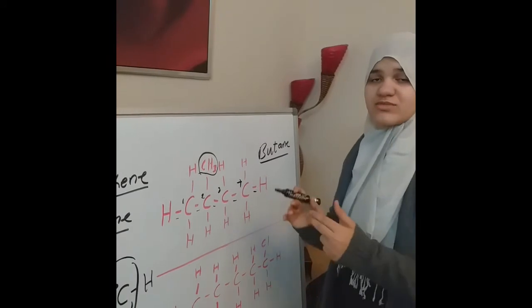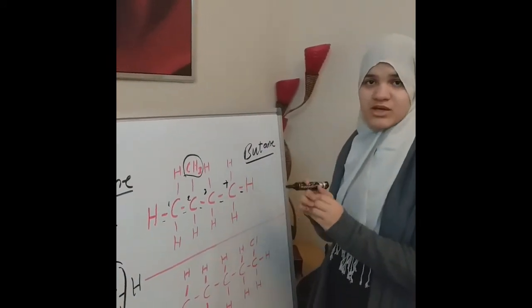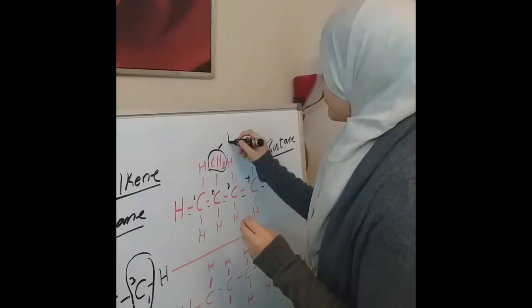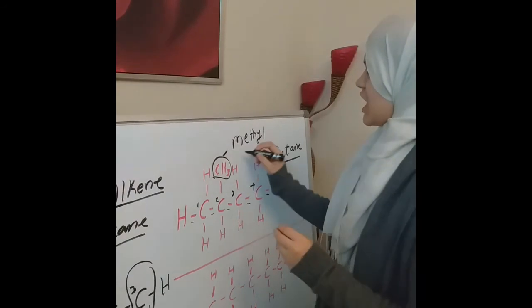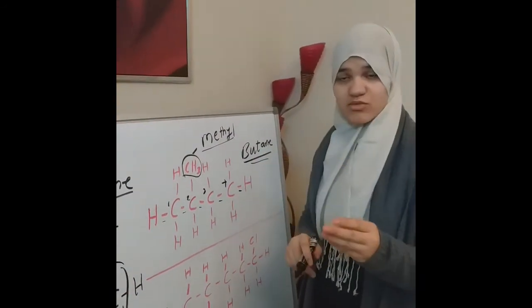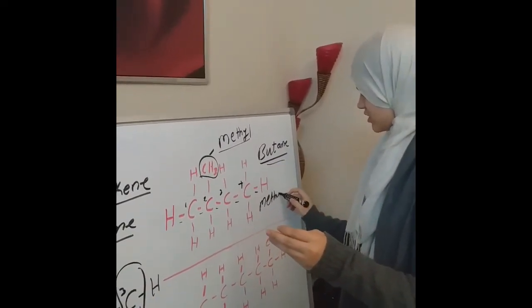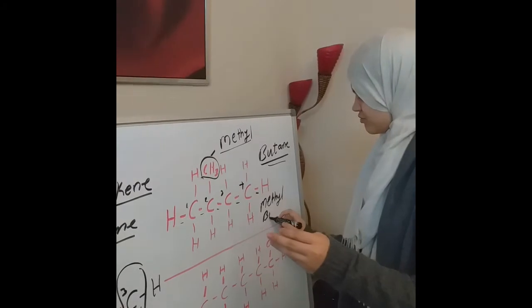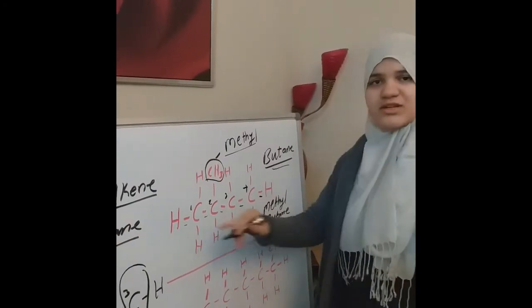It is from the alkyl functions, it is methyl. We have here methyl. How will we write it with butane? Actually, we will write this as methyl butane. This is the name for this compound.